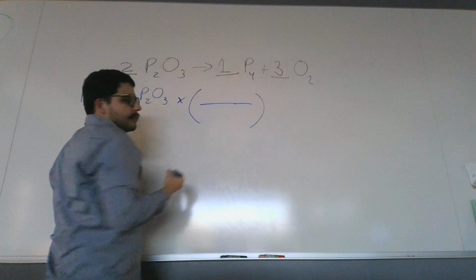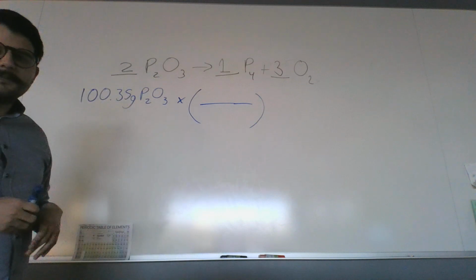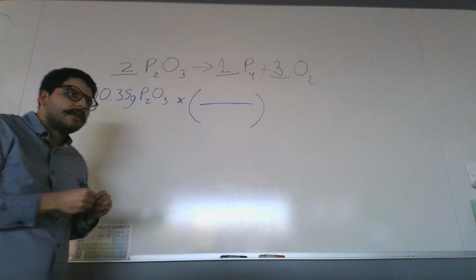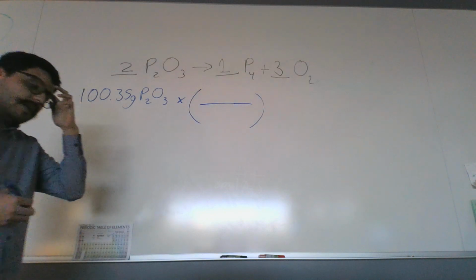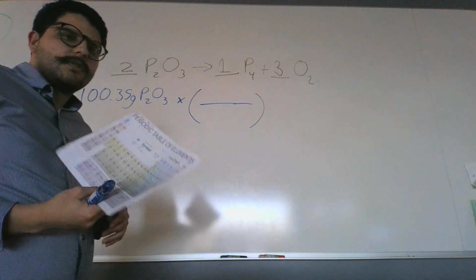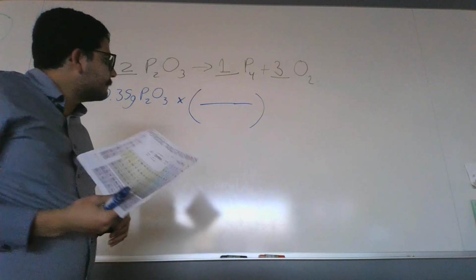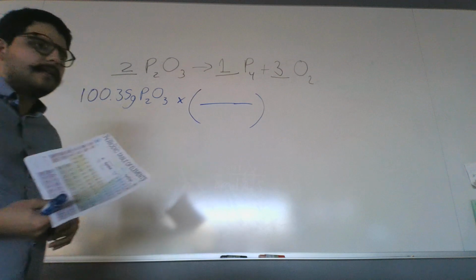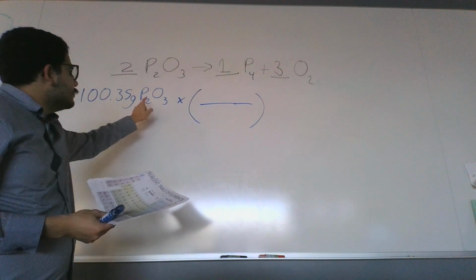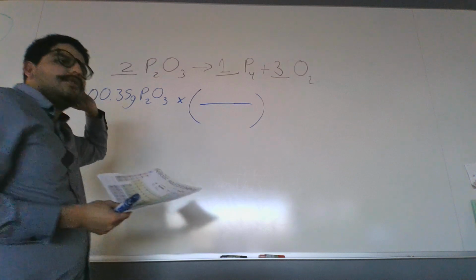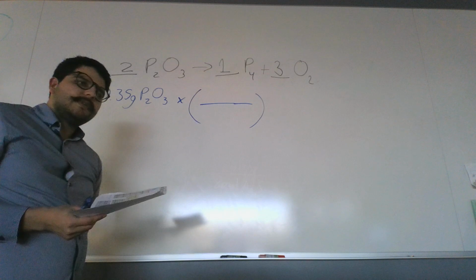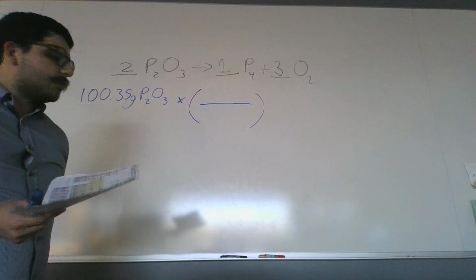The molar mass of P2O3 is going to be 109.94 grams. We know that by looking at the periodic table, finding the atomic mass of phosphorus, multiplying that by 2 because there are 2 phosphorus, and adding that to the molar mass of 3 oxygen atoms. So 1 oxygen atom is worth 15.999 grams per mole.